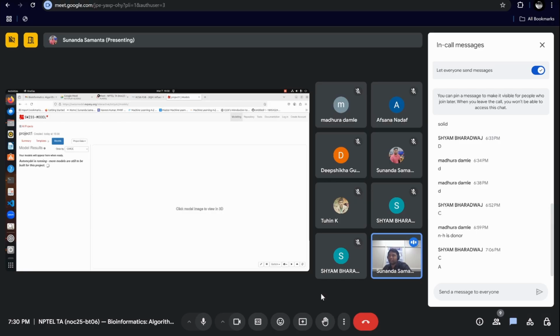So it is saying auto model is running here. More models are still to be built for this project. When the entire process is done, you will see a lot of hits and the corresponding identity scores. On the right side, you will see the structures that are being built considering those templates.